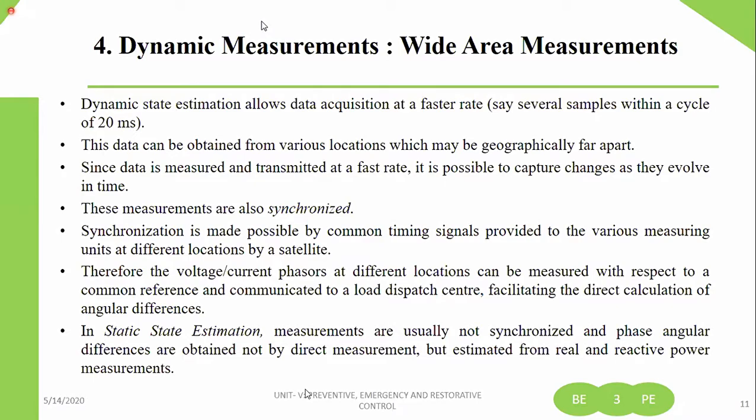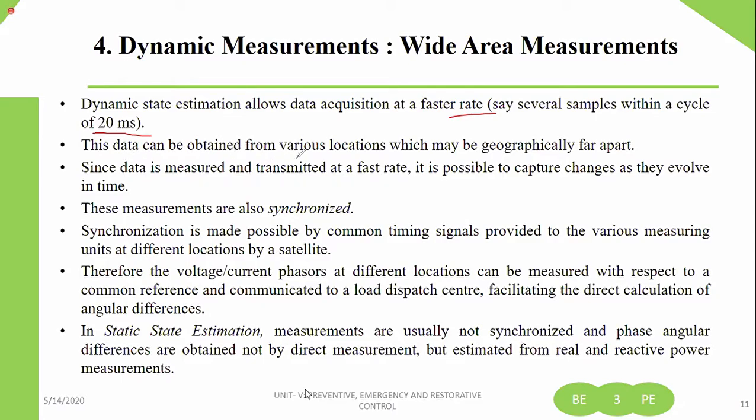This dynamic measurement is known as dynamic state estimation, which will allow data acquisition at a faster rate. Already we said that dynamic means 0.01 second, the other one 0.5 to 5 seconds. Here, for example, within a cycle of 20 milliseconds you will get data.